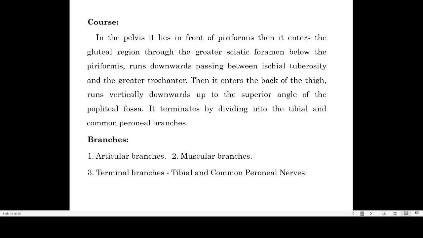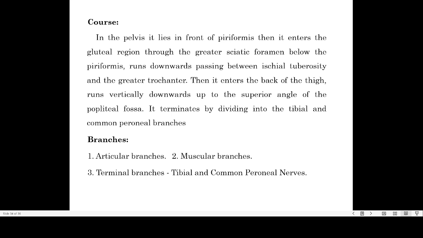Then it runs downwards, passing between the ischial tuberosity and the greater trochanter of the femur. The ischial tuberosity is a part of the hip bone. Then it enters the back of the thigh and runs vertically downwards up to the superior angle of the popliteal fossa, where it terminates by dividing into the tibial and common peroneal branches.